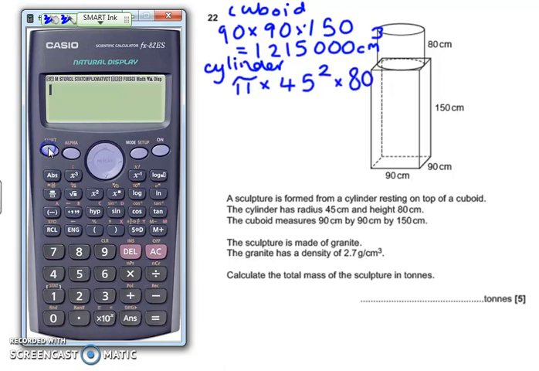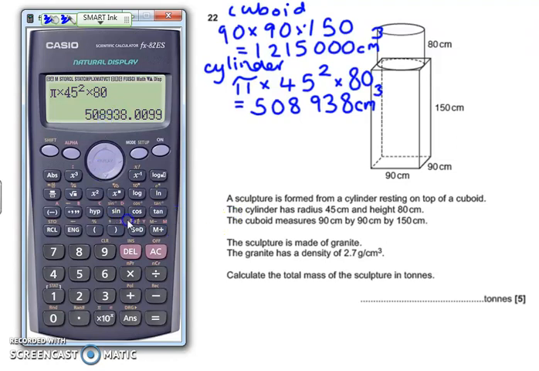I'll do that all on the calculator, so pi times 45 squared times 80. And that gives us about 508,938 centimeters cubed, and I'm sure the nearest centimeter cubed will do here. Now we need to find the total volume of the shape, so I'll add those two answers together.